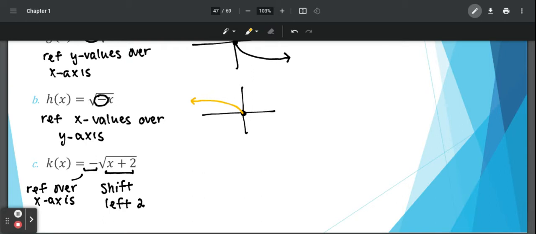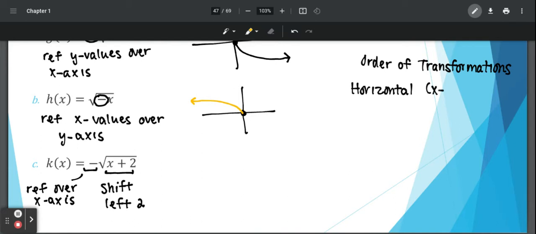So now the order of transformations. Always start with your horizontal, which are your x values. So everything happens first with your x values.